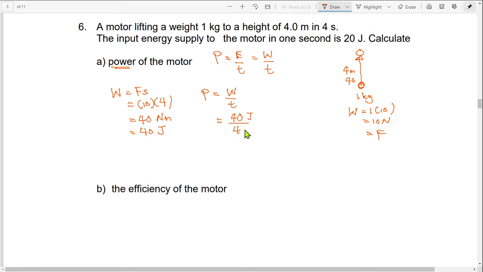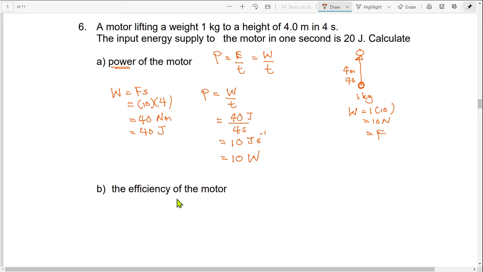Time is 4 seconds. So that will give us 10 joule per second. Or we can also write 10 joule per second as watt. Okay, that is the unit for power.